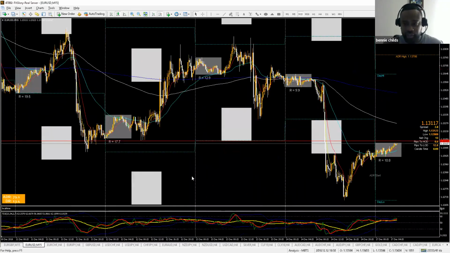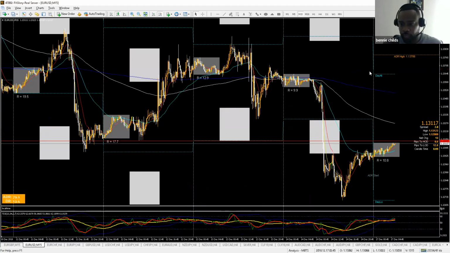Let's take a look at the USD/JPY. I'm just going to minimize this so you may not be able to see my face. Let me explain this template for you guys really quickly.